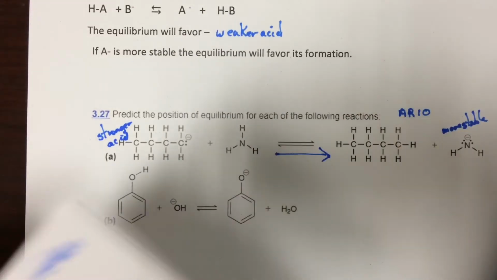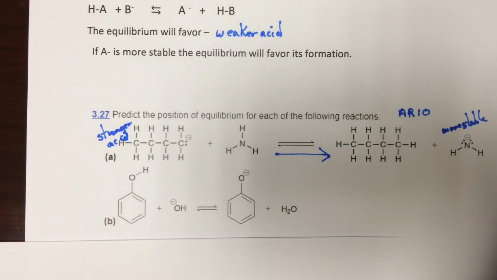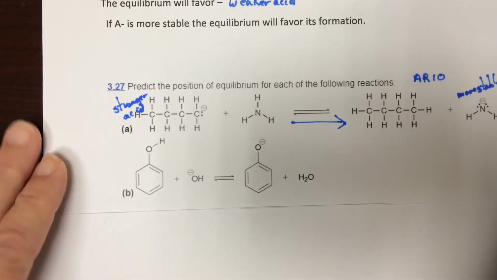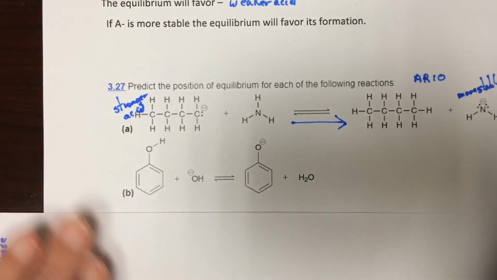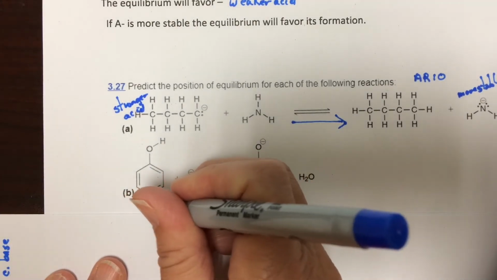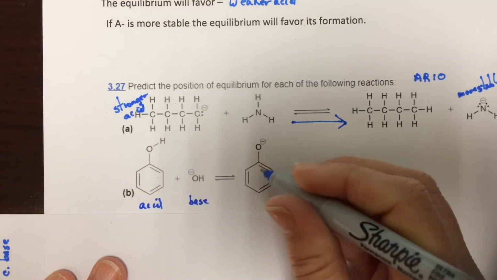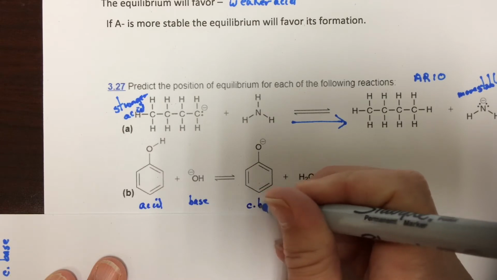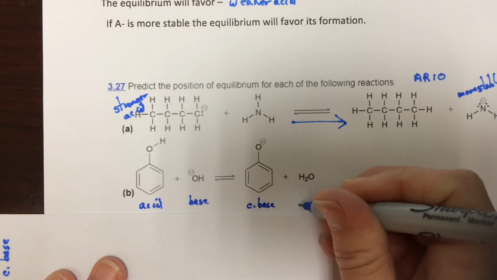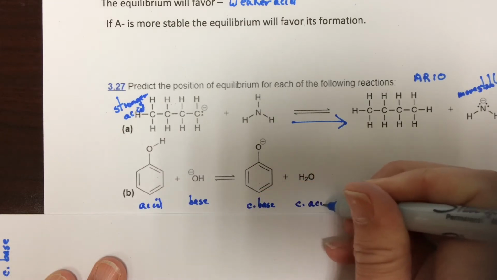So let's look at another example. Here we've got our acid and base. This will be our conjugate base and our conjugate acid.